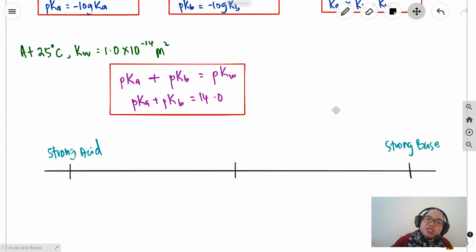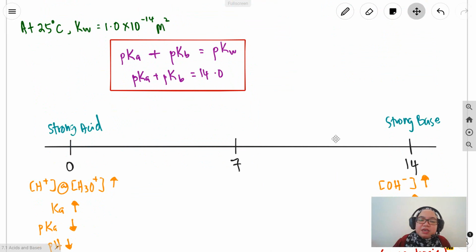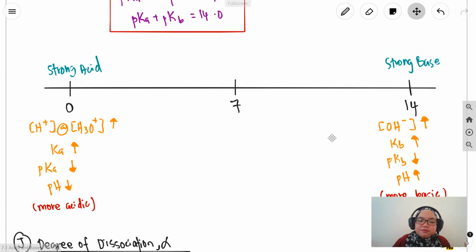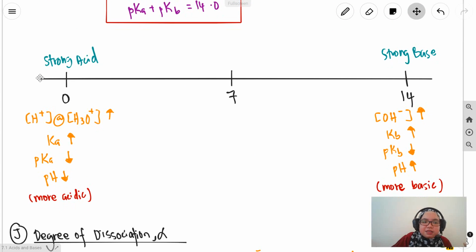Okay, let's look at the relationship between the Ka, Kb, pH semua tu. Okay, here we have this scale here. Sampai kosong is a very strong acid. 7 is a neutral. 14 is a very strong base. So this is a base, this is acid. So, kita tengok acid dulu.